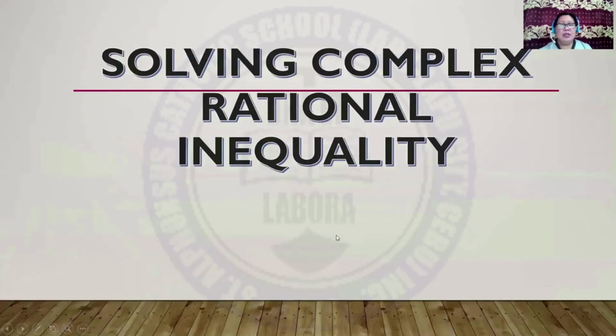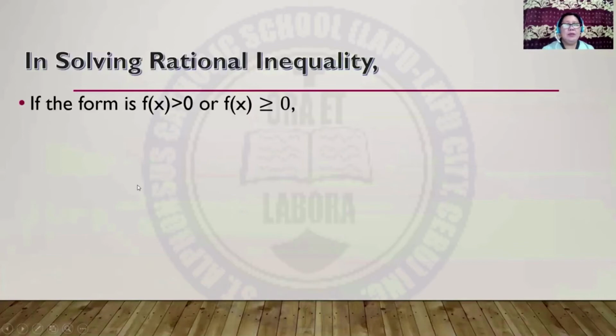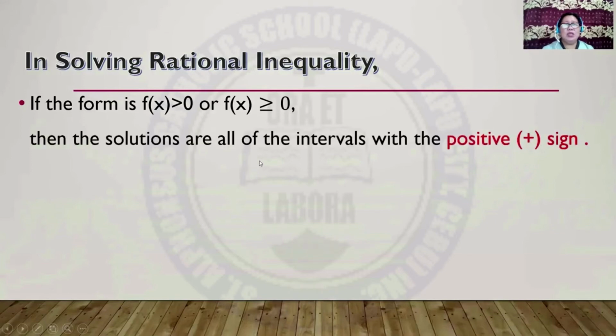Let us solve rational inequality, by this time the complex rational inequality. In solving rational inequality, if the form is f of x is greater than 0 or f of x is greater than or equal to 0, then the solutions are all of the intervals with the positive sign.